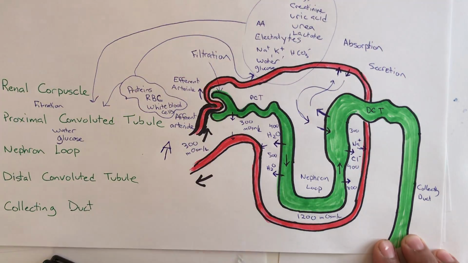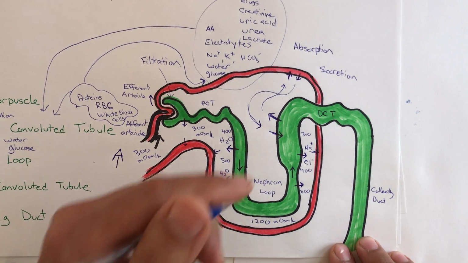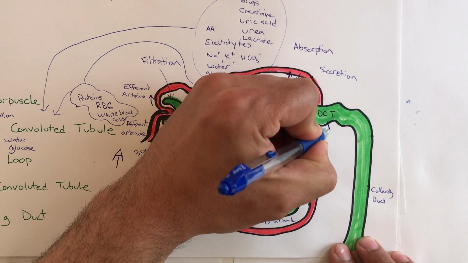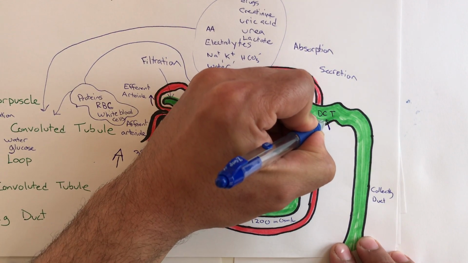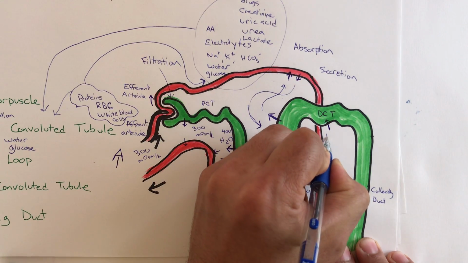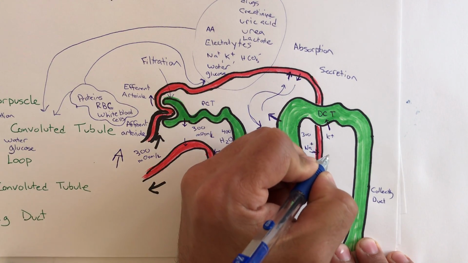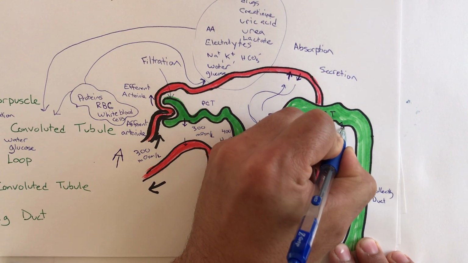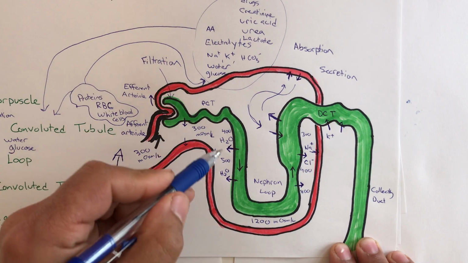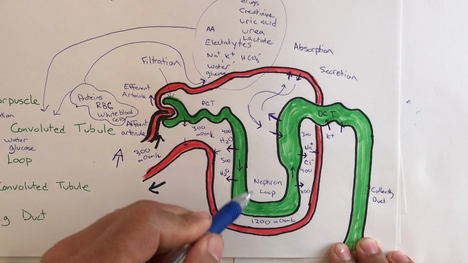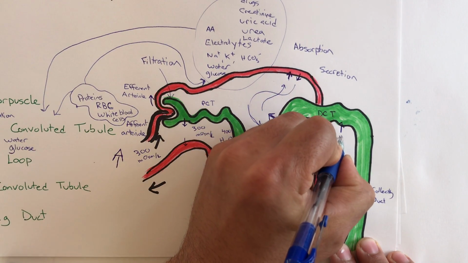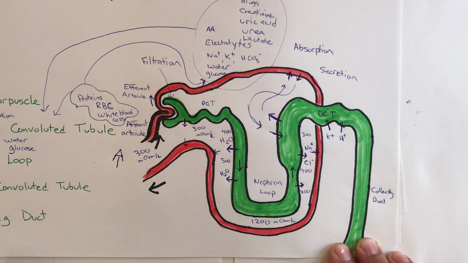Well, we have some minor movements. We have some potassium and hydrogen. This is sort of we're done. Most of the stuff that occurs is occurring earlier, but we have some minor things. We have some leftover stuff.